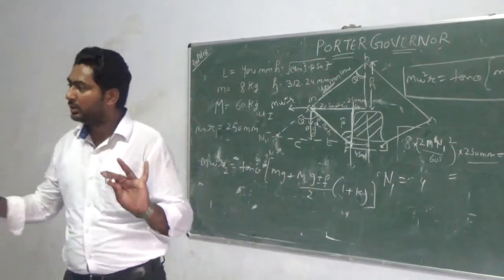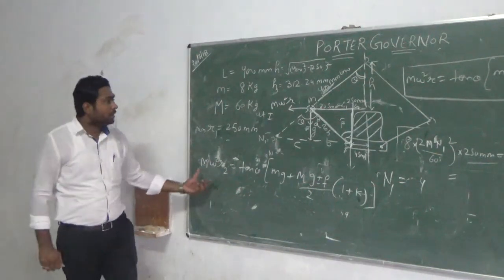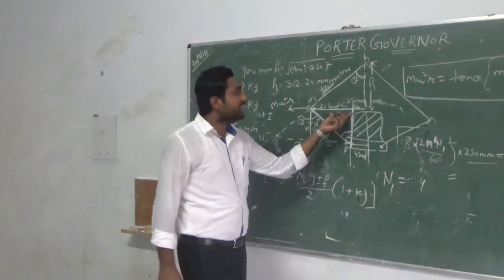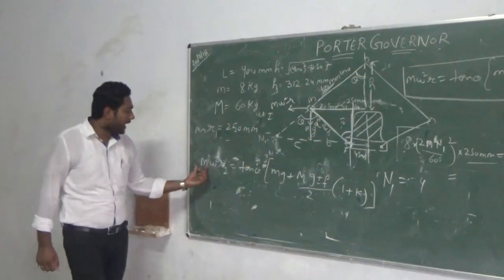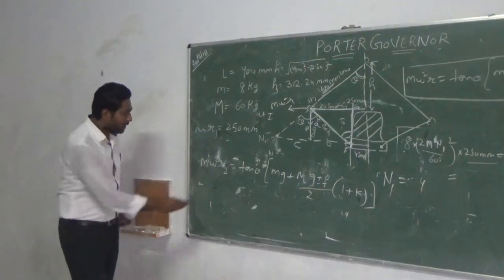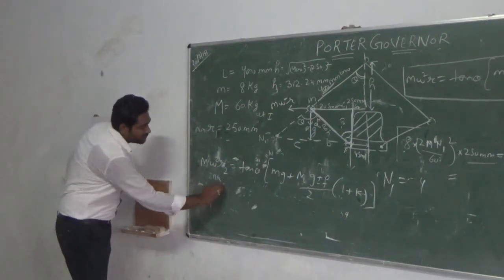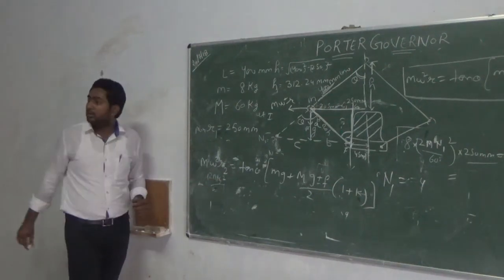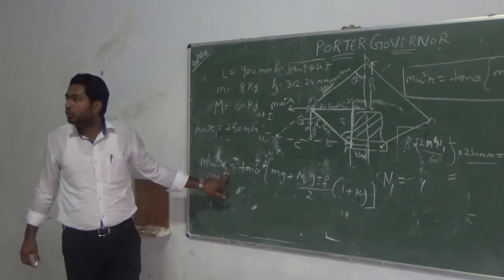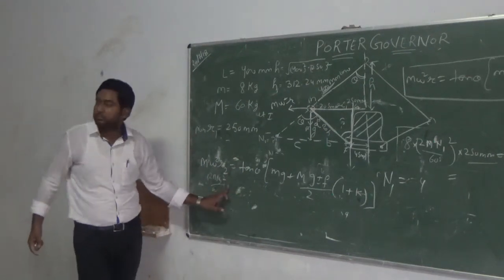Now at 300 speed, m is the same, omega is 2 pi n2 upon 60 square, r2. What is the value of r2? 300 mm.